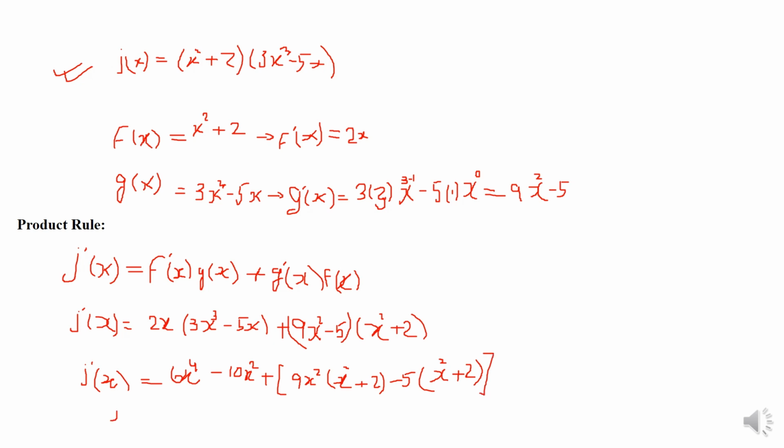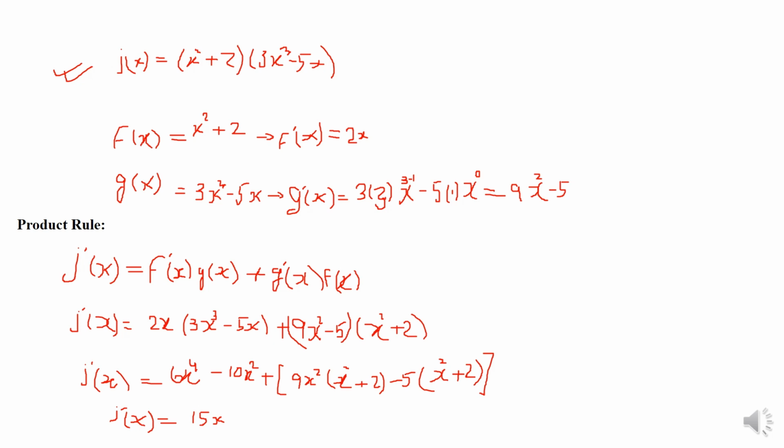So j dash of x equals to 15x की power 4, after simplifying the equation.